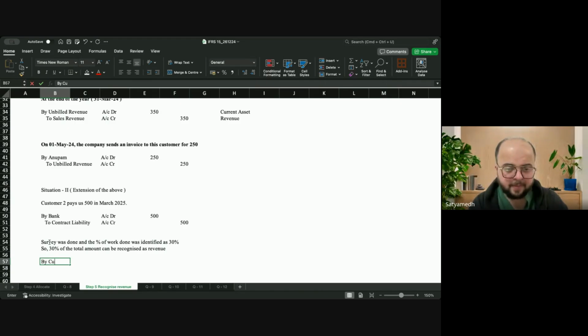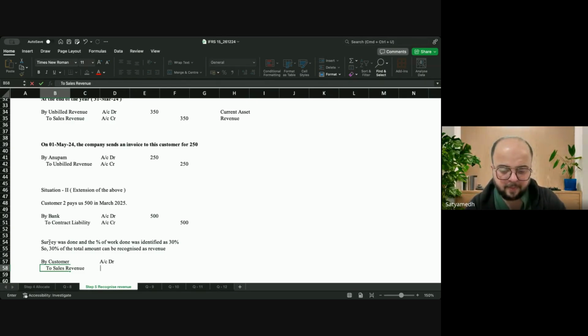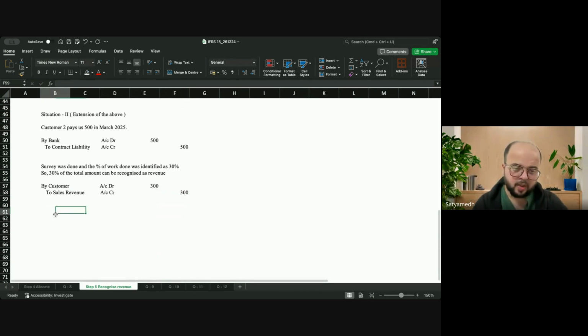So by customer account debit, you have to send him an invoice, right? To sales revenue. How much? 300. Customer account debit to sales revenue account. And now what happens? You are not going to collect any cash from him because he has already paid you. Now you can't expect him to pay you again.